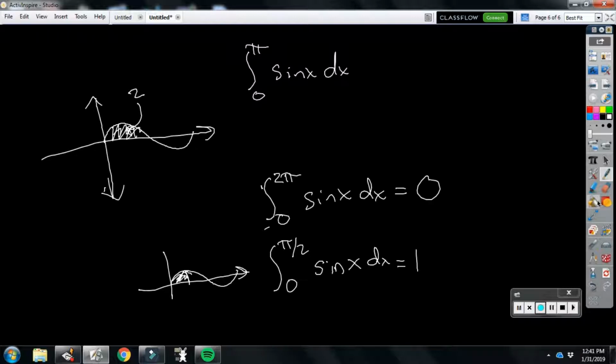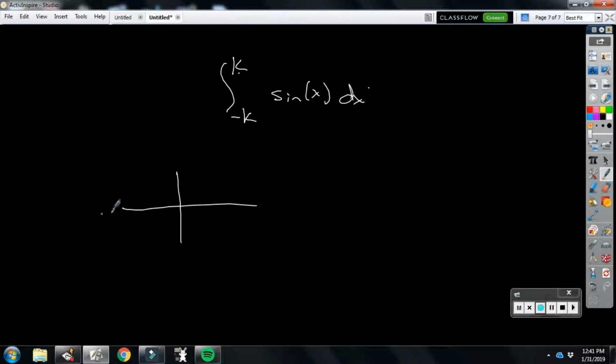One of the questions in the book that I thought was fairly interesting is, what would the integral from negative k to k of sine of x be? Let's think about what that would look like. Ooh, not quite perfect. Well, let's try it again.